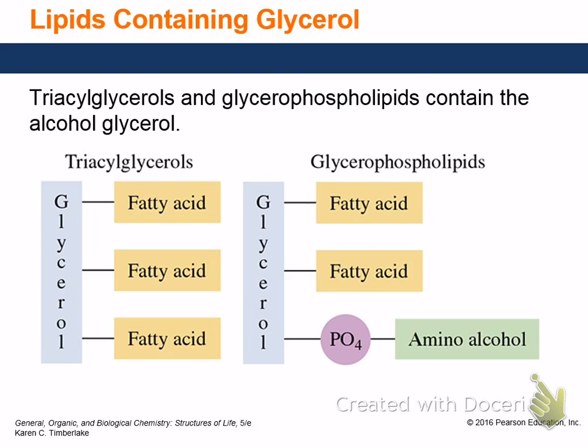But they have 2 fatty acid chains. Again, they could either be saturated or unsaturated. The number of carbons varies from about 12 to 22, and I think it's always even numbers in naturally occurring ones. So 12, 14, 16, 18, 20, 22. Those are the naturally occurring ones.